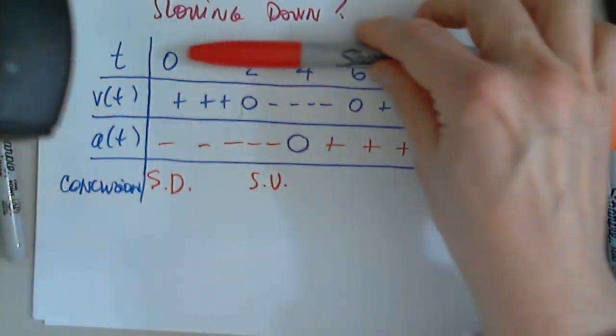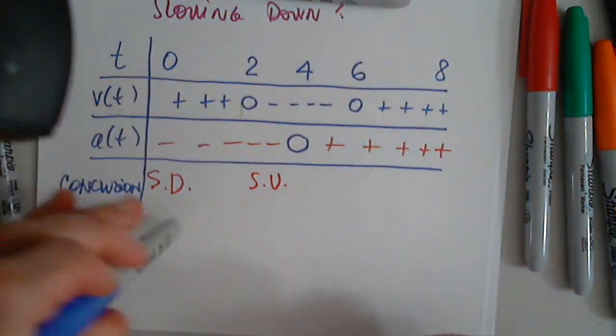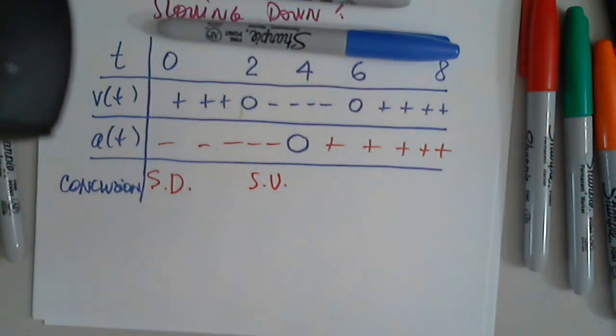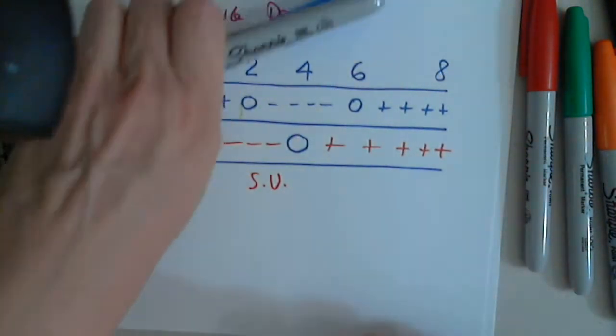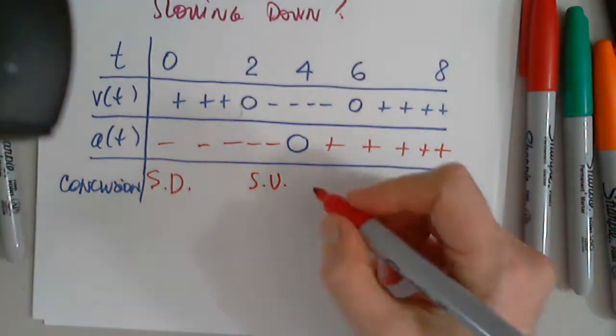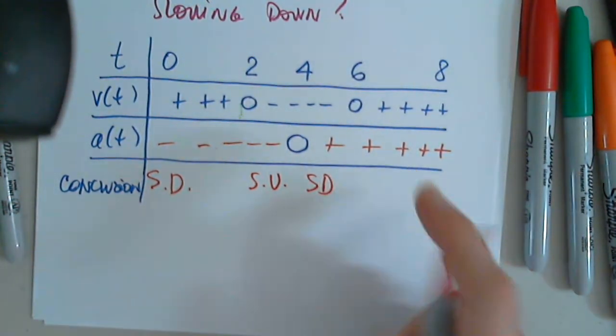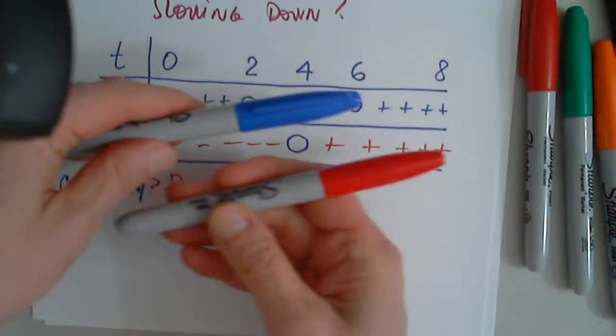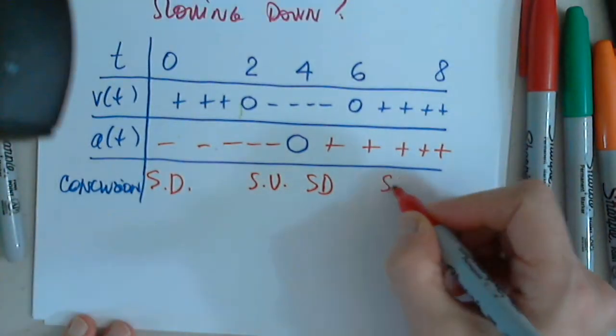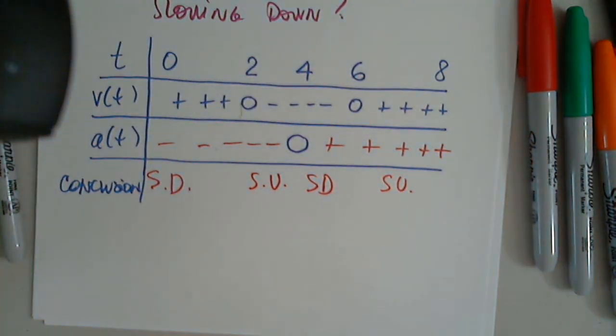What happens here, when the velocity is negative and the acceleration is positive? Between 4 and 6. Slowing down. Slowing down, and again, this time they are both going in the positive direction, so they are speeding up. So this is again like I ride my bike and I have a headwind.